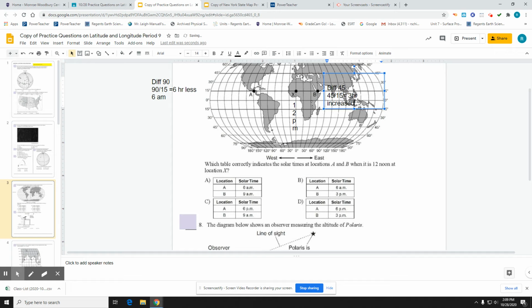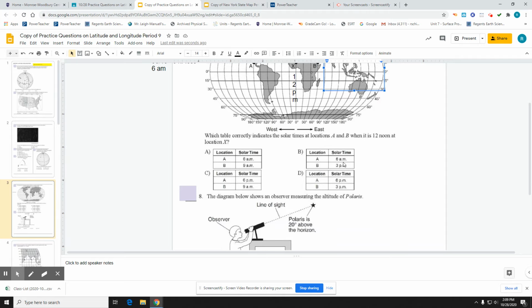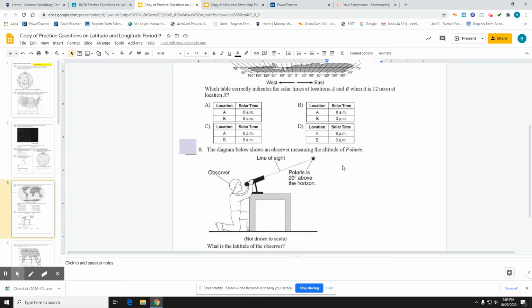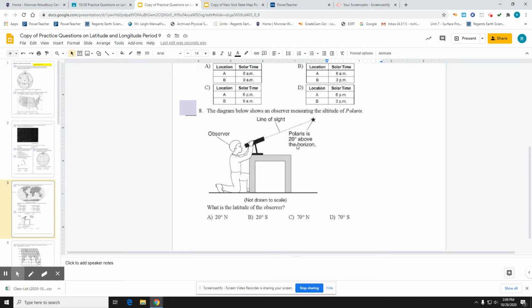So if it is 12 noon at X, it's going to be 3 hours later. It's going to be 3 p.m. over here. And that matches up with table B here, where it says A is 6 a.m., B is 3 p.m.